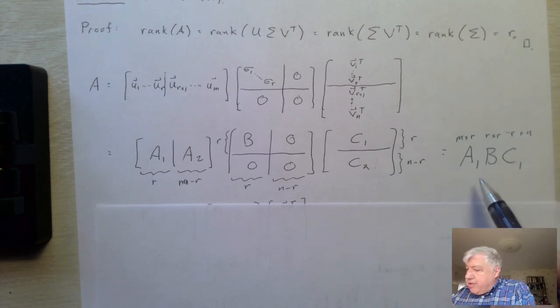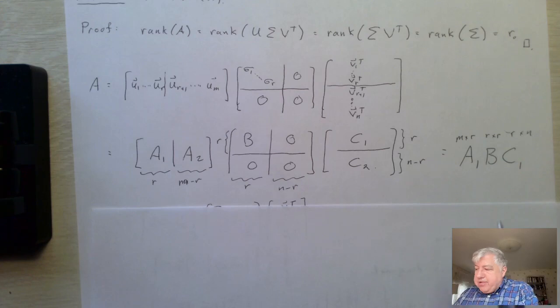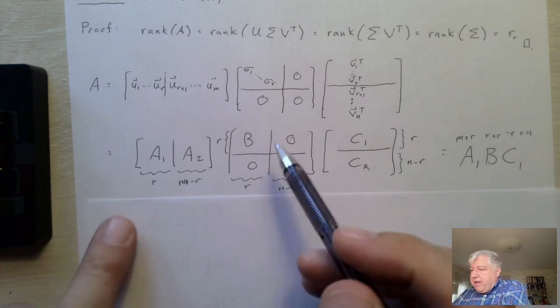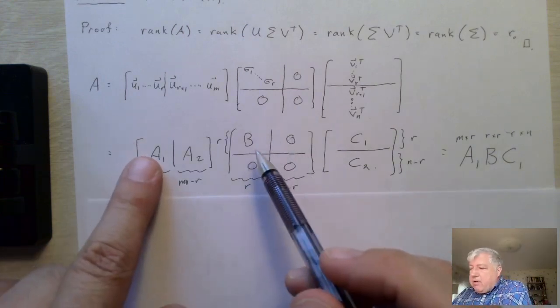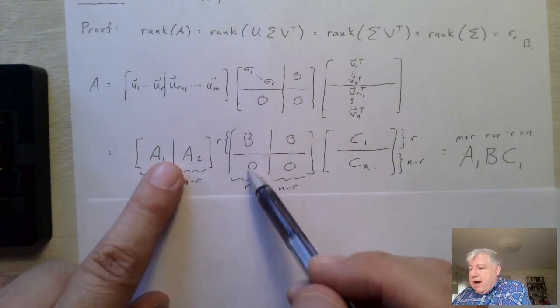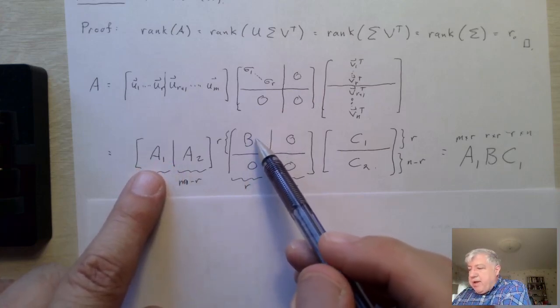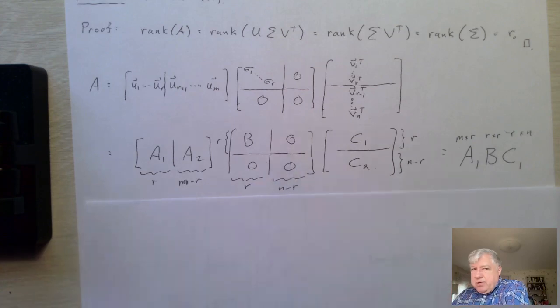So this is in fact an m by n matrix, A1, B, C1. You can see the role the zeros play if you multiply things out. If you take a row of this matrix and a column from here, the only thing that plays any role is A1 and B, and when you get down to the zeros, you get all zeros.